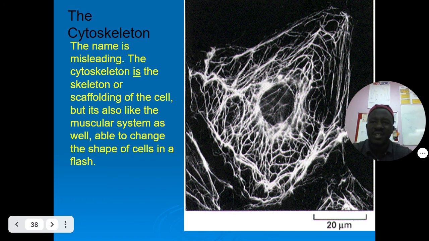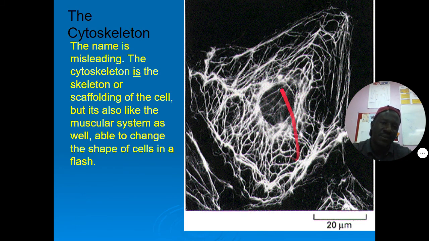The name is misleading. The cytoskeleton is the skeleton or the scaffolding of the cell, but it is also like the muscular system as well, able to change the shape of cells in a flash. So that's the skeleton of the cell, made up of microtubules and microfilaments that provide the strength of this cell. That's why we call it the cytoskeleton.